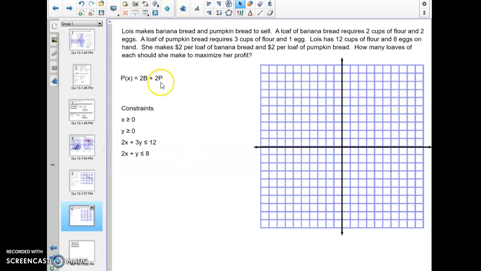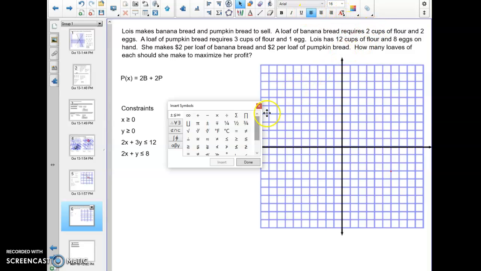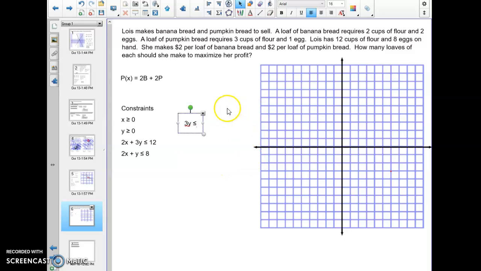Now I solve both of these for y. So when I solve this for y, I'm going to get 3y less than or equal to negative 2x plus 12.